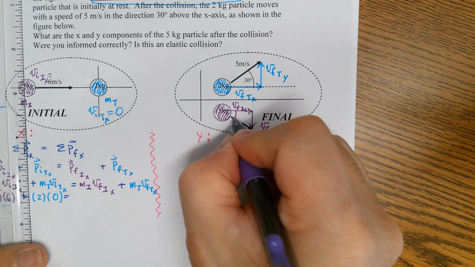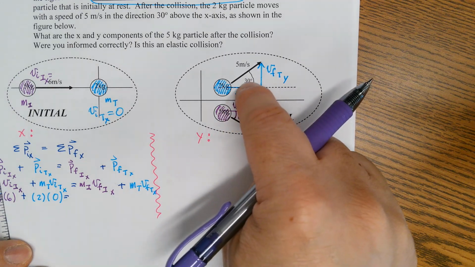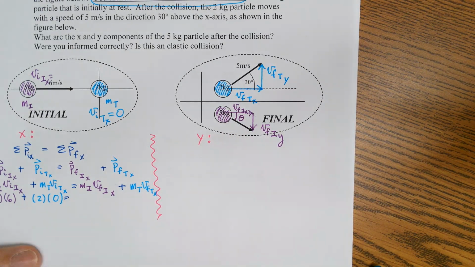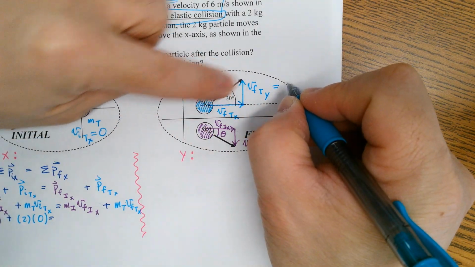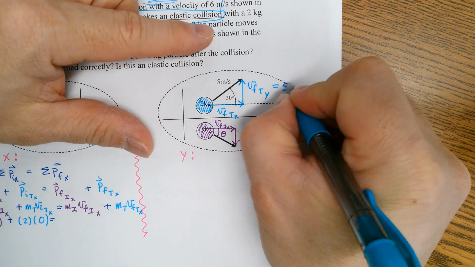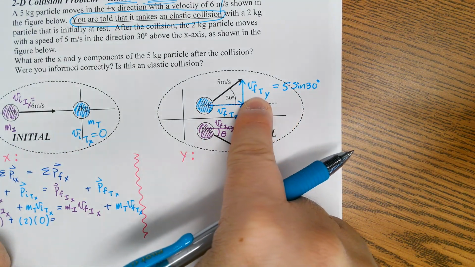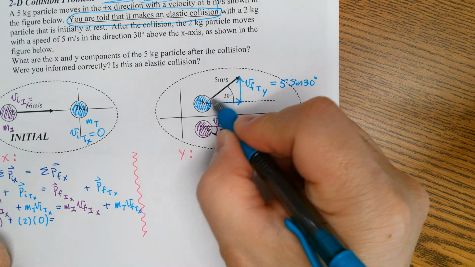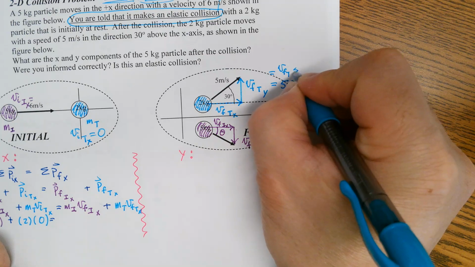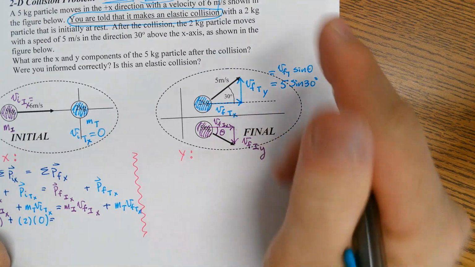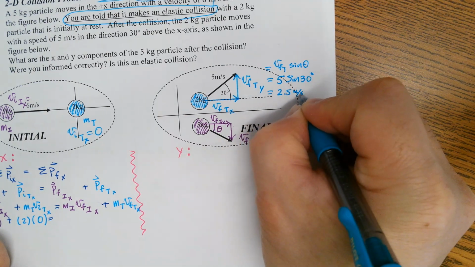Now this is the angle theta. This angle is 30 degrees. We already know that. So for this one, we know that this has to be 5 times sine of 30 degrees. Does that make sense? Because this is 5. So if you want, you could say v final target sine of theta. And that sine of 30 is just a half, so it's 2.5 meters per second y hat.